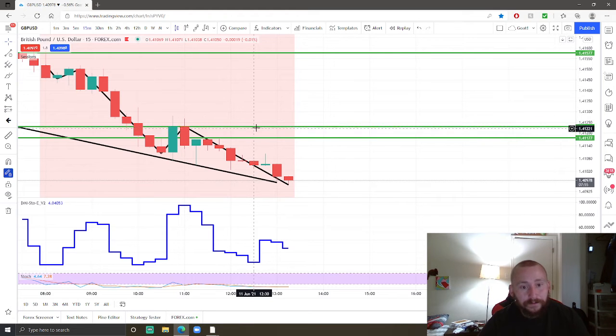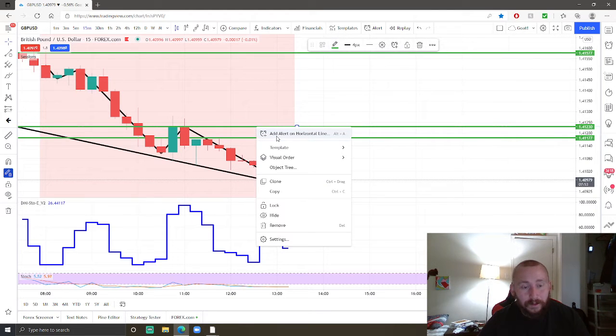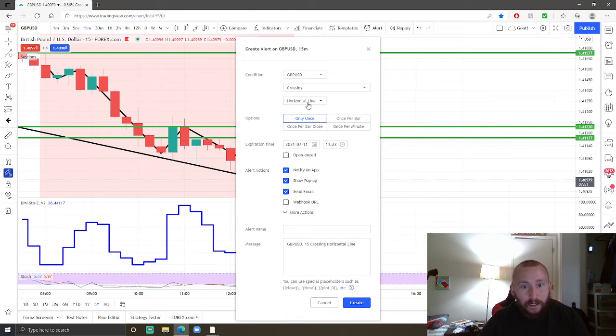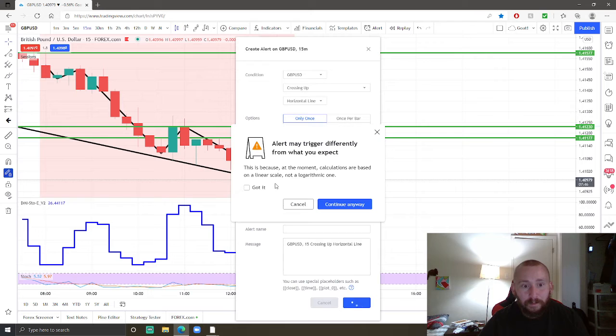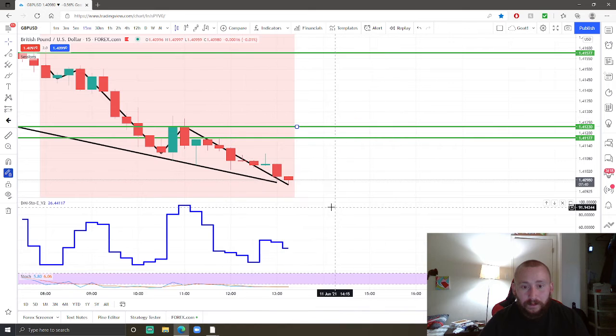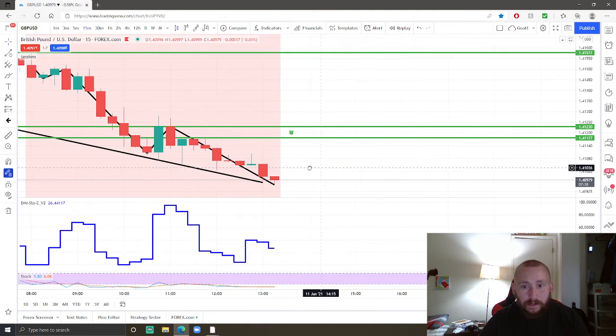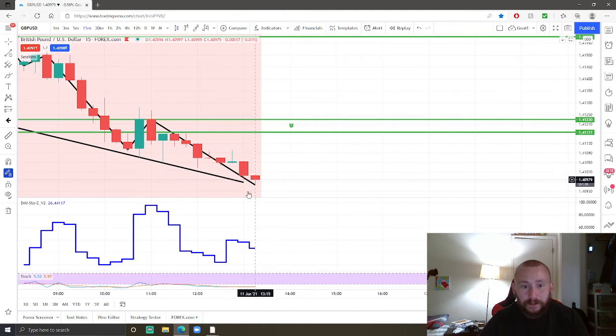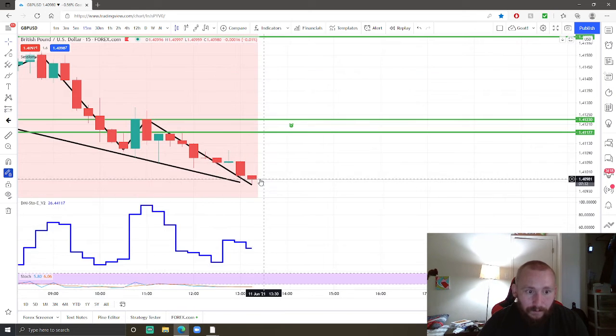For right now, add alert on horizontal line, crossing up, right? So as soon as price crosses up above that horizontal line, right, 1.41230. So as soon as price goes higher than that potential failed retracement, then we're good, right?